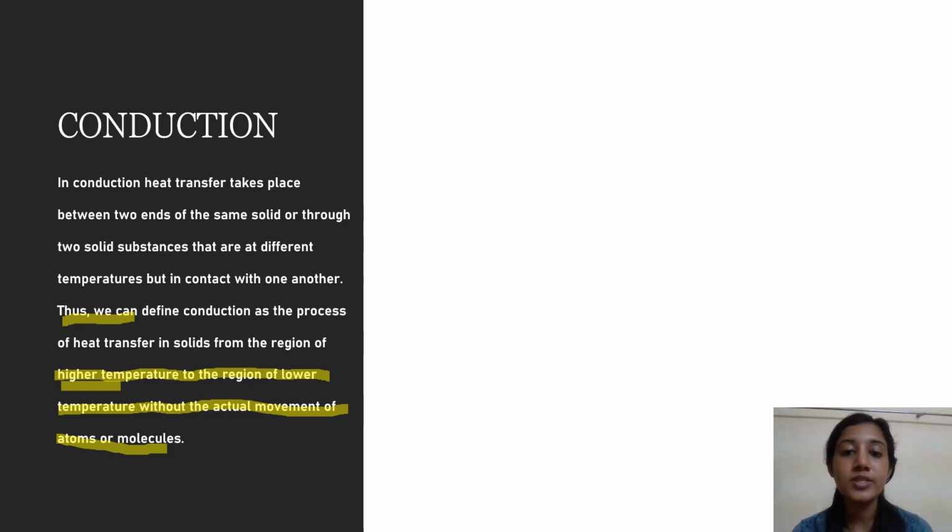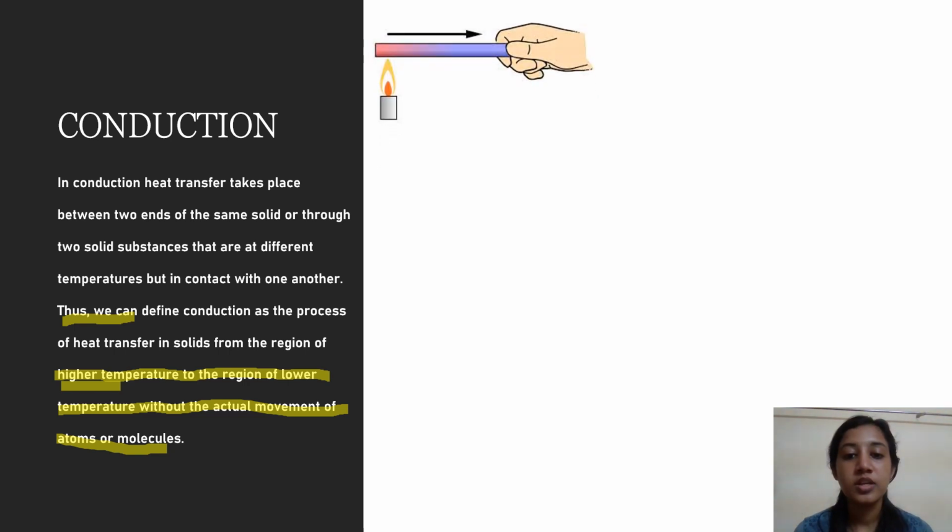Now you can see some different examples in your daily life with respect to conduction. The first one is if you are holding a metallic rod near the candle. What will you feel? If you are holding a rod on top of a burning candle, after some time you will feel a warmth in your hand because the rod has started to get heated up, right?